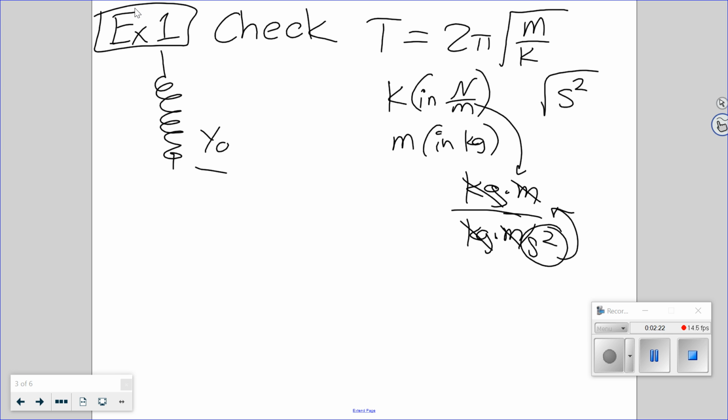You can't see me setting up, so I'll try to fix that for next semester, to be able to see these setups. Near the top, we'll just set up a bar. Make sure my spring will stick to it.